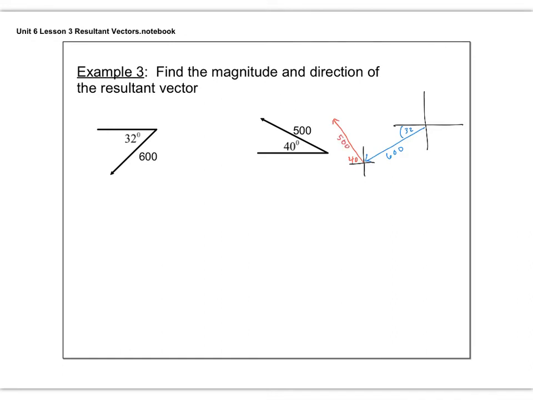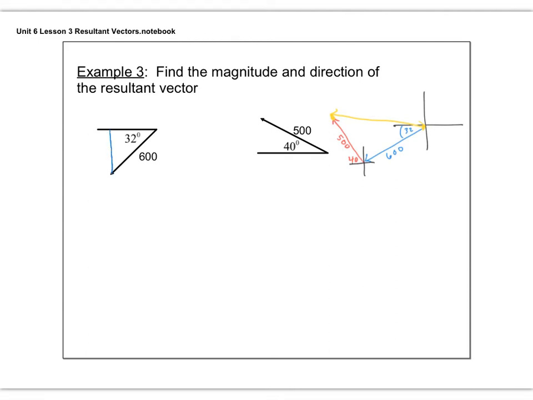So it looks to me like the resultant vector is going to start from the tail of this one and go to the tip of this one. It looks to me like it might barely end up in quadrant 2, but we might have to do the math to actually verify that. We'll see. Let's start by finding the horizontal and vertical component of the first vector.